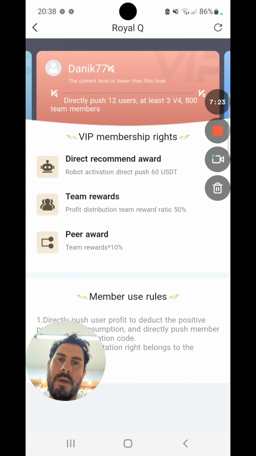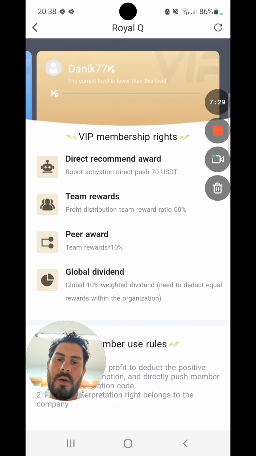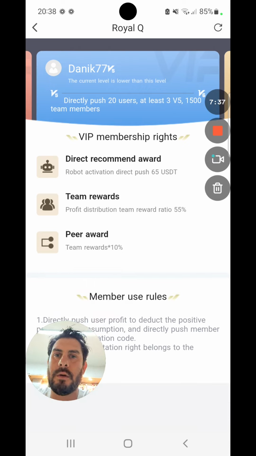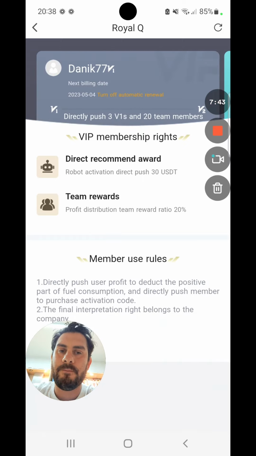The same here, and the same here. And in the last one, you get a global dividend of 10%, so it's a lot that you can get. If you get to V6, I think that you can make passive income of like $10,000 more or less. So it's very good because it's very legit, it's working amazing, and I'm very happy.